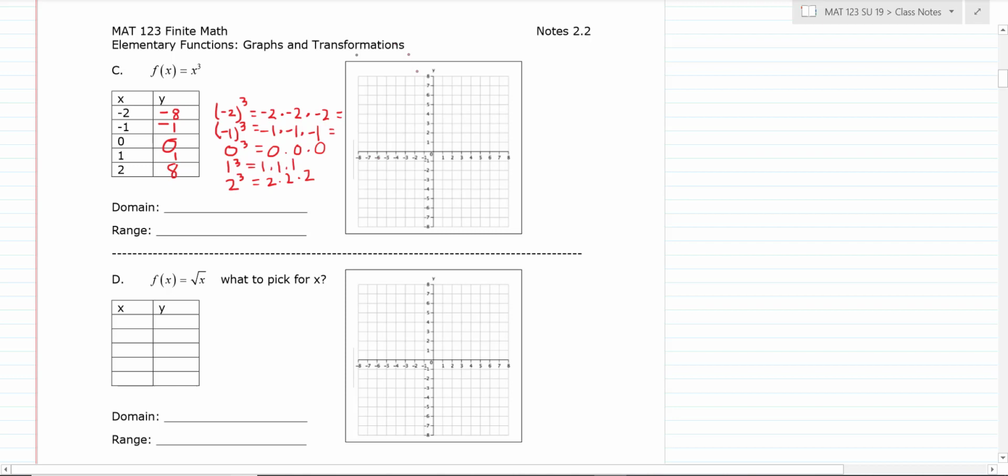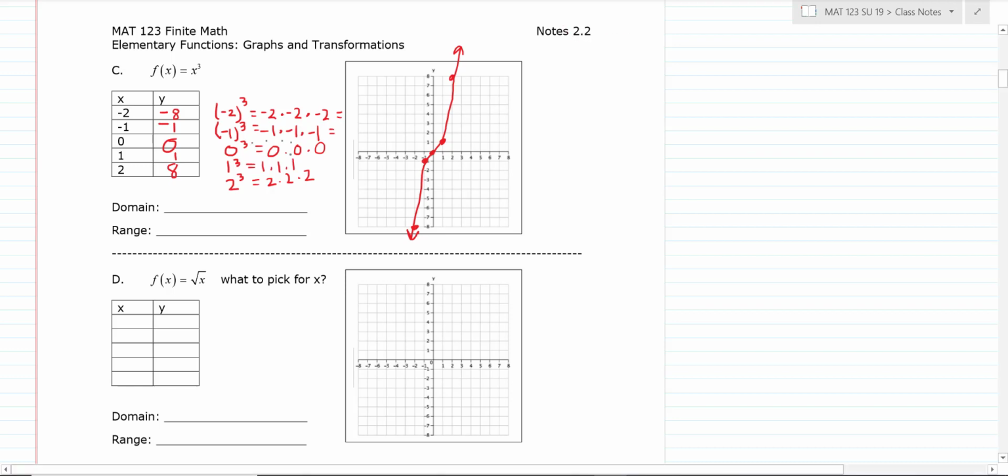Okay, so those are the points you'll get. And then you just go left 2, down 8 for the first point, left 1, down 1 for the second, 0, 0, right 1, up 1, right 2, up 8, like that. Okay, so we got that, and that is a curve that kind of looks like that.